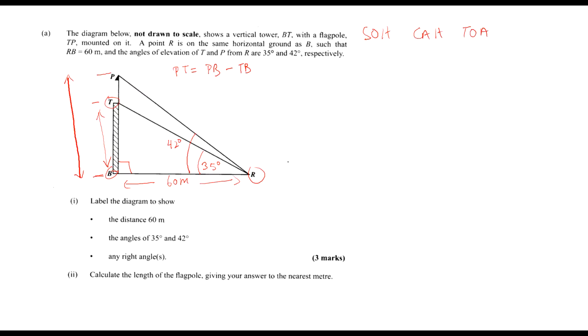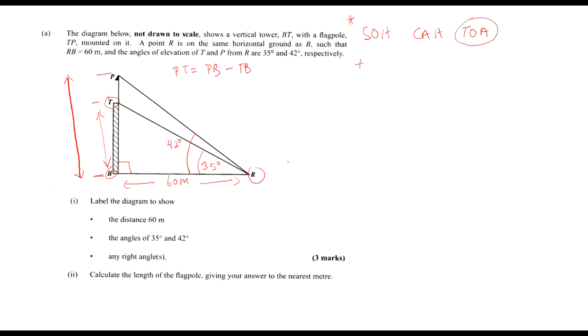Now this is a right angle triangle, therefore we can use either sine, cosine, or tangent, right? But to figure out which one we have to use, we look at the information that is given. So we are given an angle, we have adjacent, and we want to find opposite. So therefore we are going to be using tangent, right?